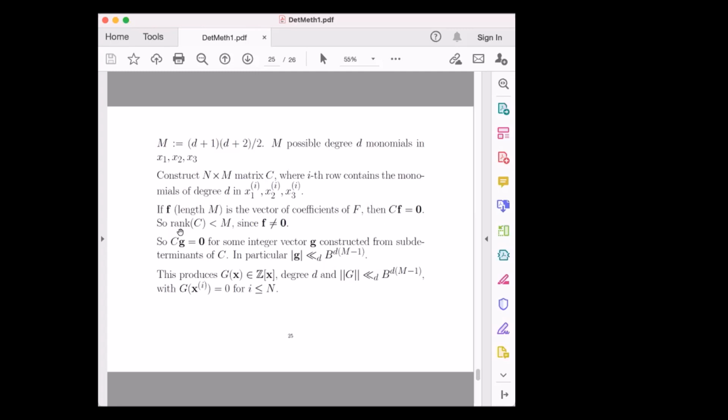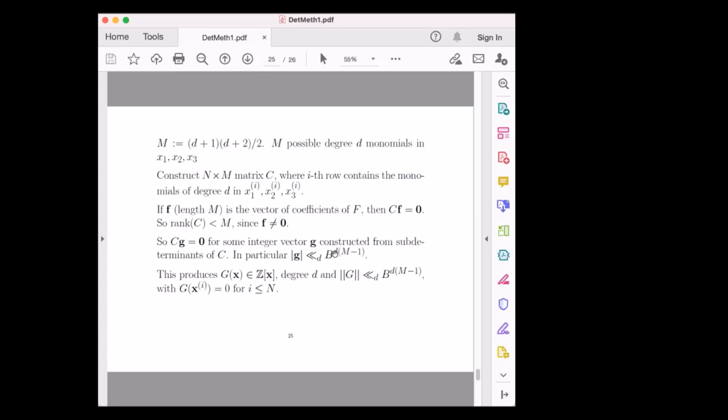Now, once you know that the rank of C is less than M, you know how to find solutions of CG equals 0. You can build a solution by using various subdeterminants of C. So you can find a solution of this for some integer vector G, and because it's built up of subdeterminants of C, it will have size B to the power d times (M minus 1).